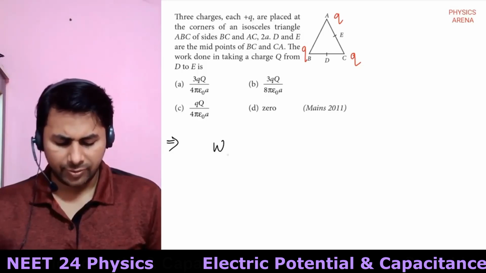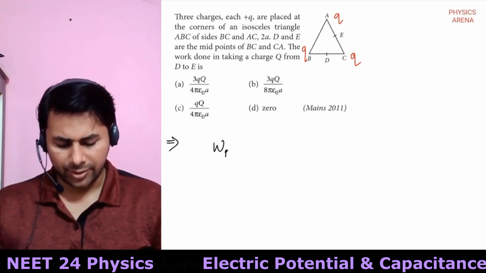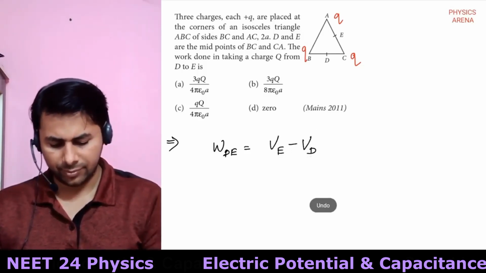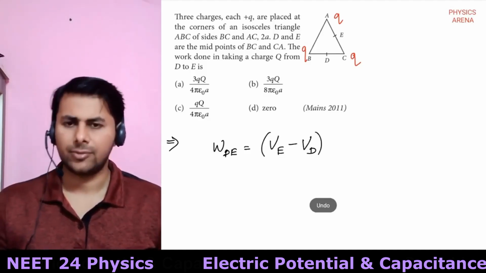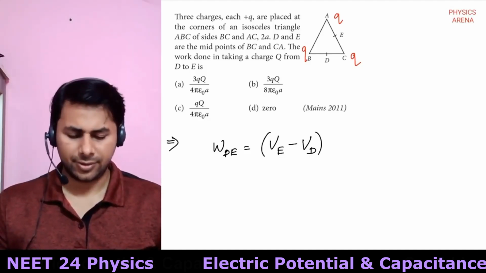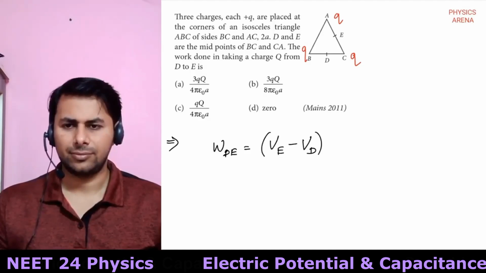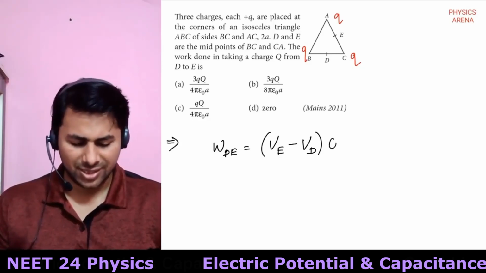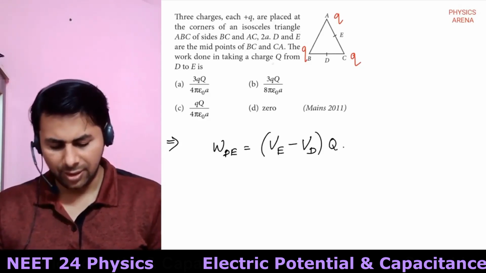You can start with this. Work done to move it from D to E is potential at E minus potential at D, right, multiplied by whatever charge you move.